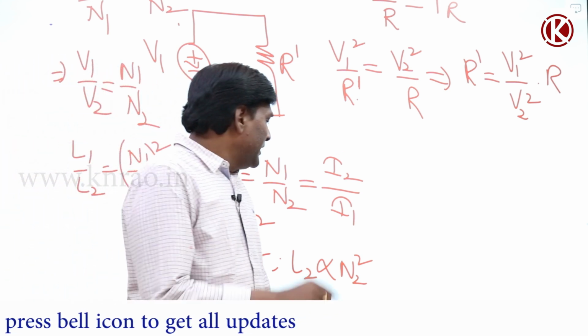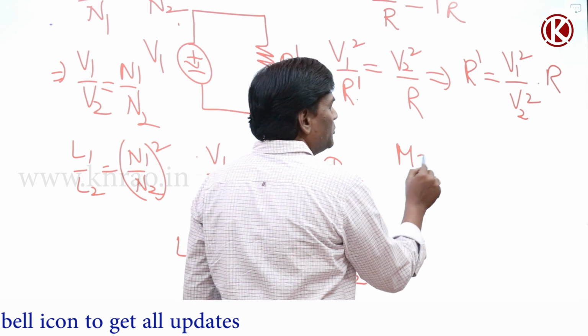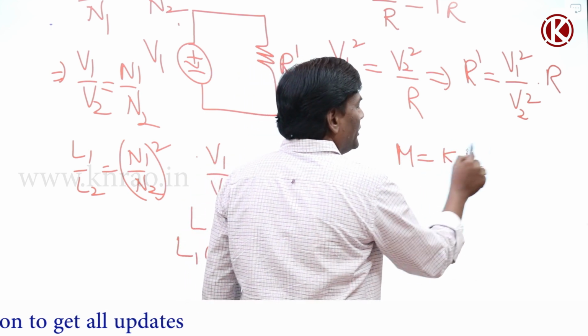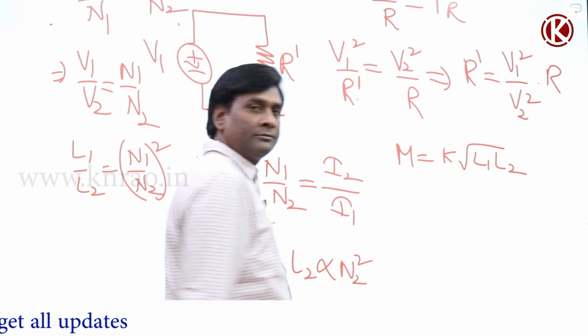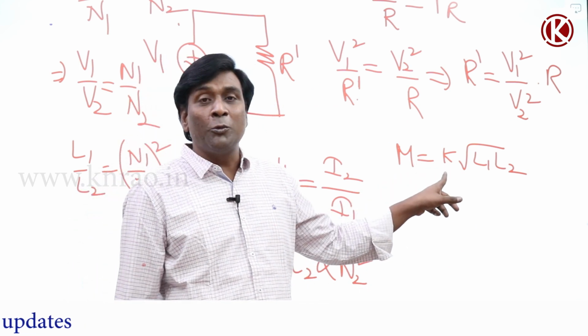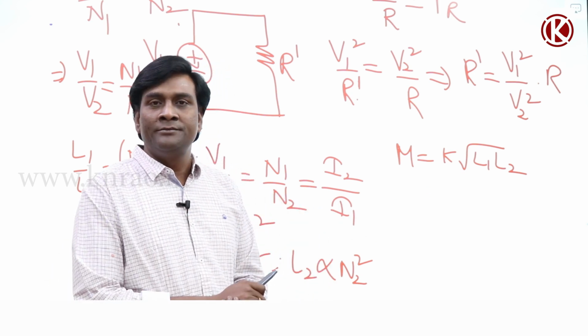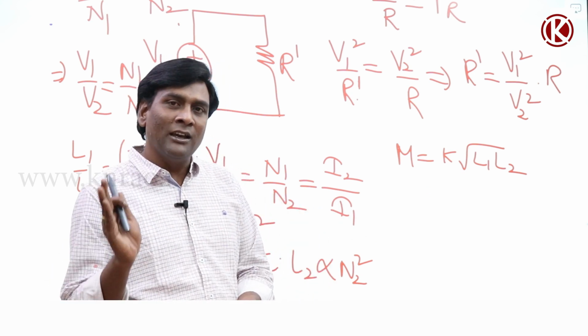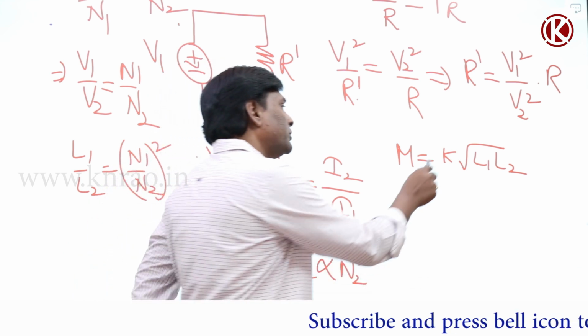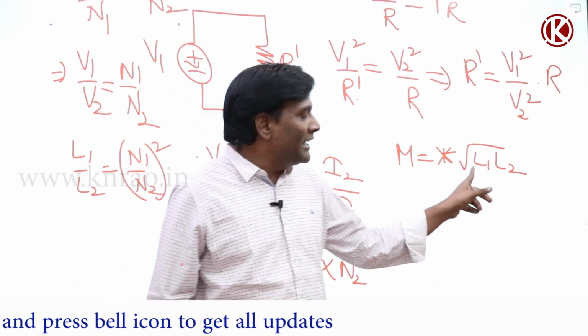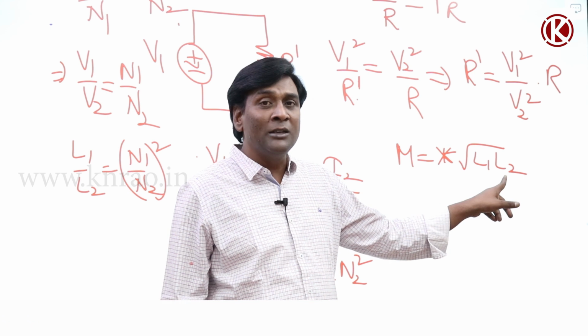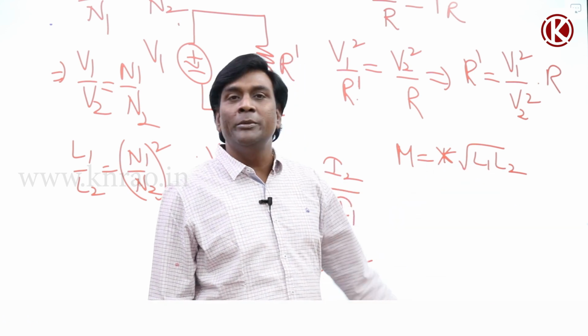Now if I think of mutual inductance, what is mutual inductance? It is going to be K into under root of L1 L2. K is the proportionality constant, 1 for tight coupling. The total flux of the primary or first coil is linking with the second coil, so this is going to be 1. L1 is directly proportional to N1 square, L2 is directly proportional to N2 square, under root is going to be N1 N2.